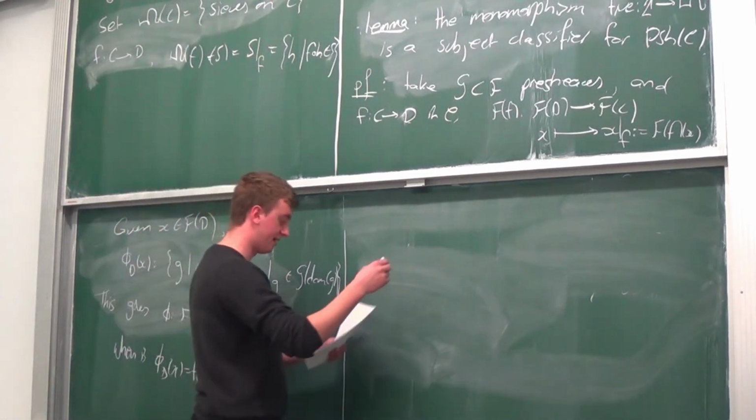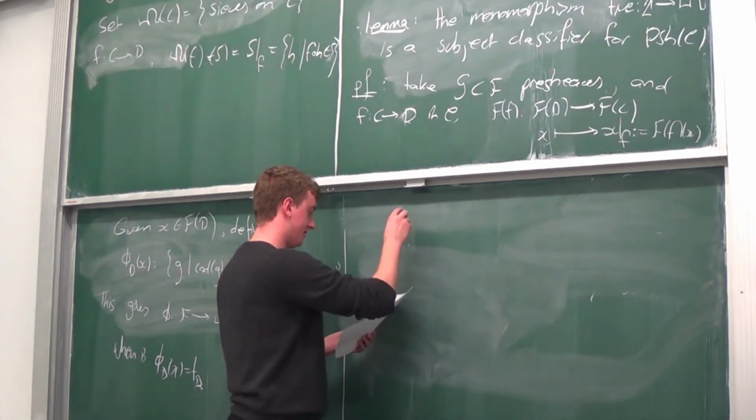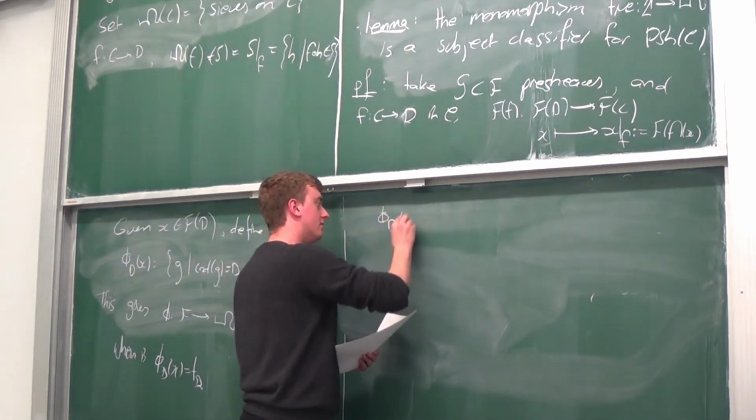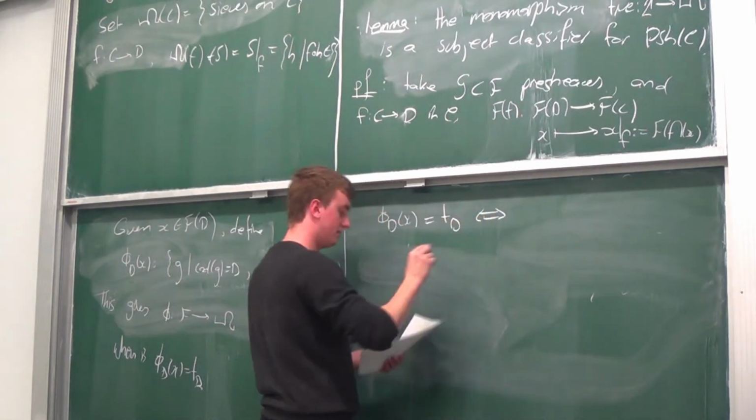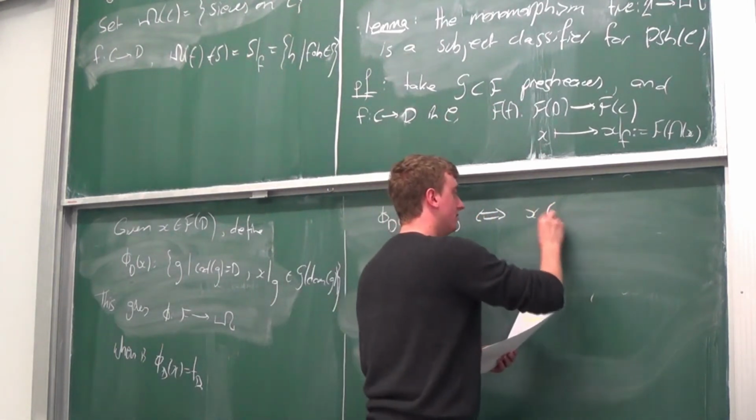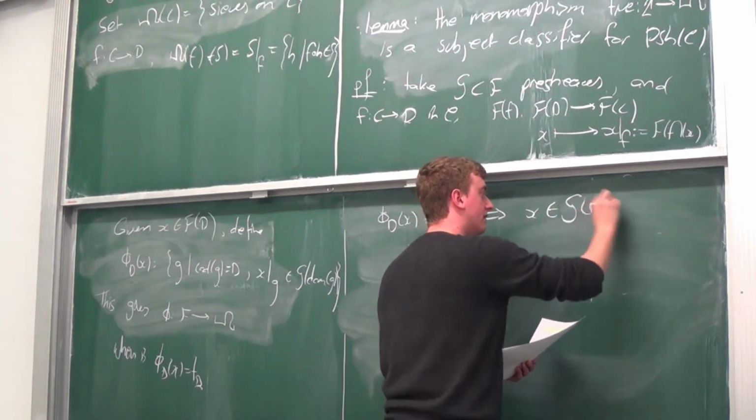So to rephrase, phi D of x is equal to true of D if and only if x is in G of D.